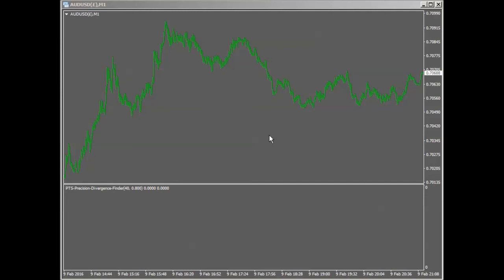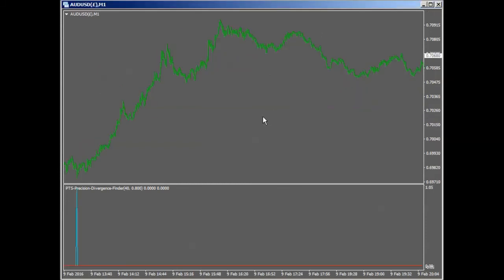This is the precision divergence finder on the Australian dollar versus the American dollar, and the length for demand index is 40 and the difference is 0.8. This is the ideal kind of signal: downtrend, sideways, slightly lower low than this and this, but there was one divergence, made a lovely move up.